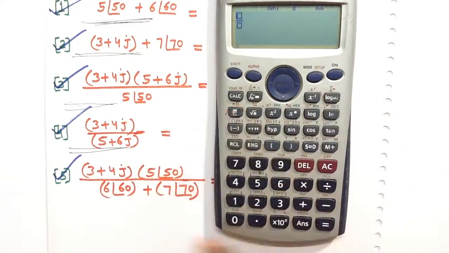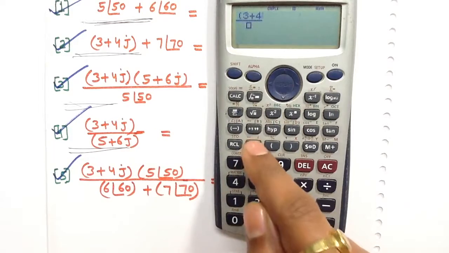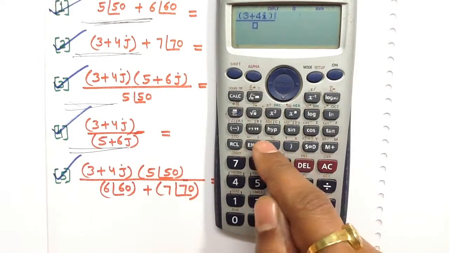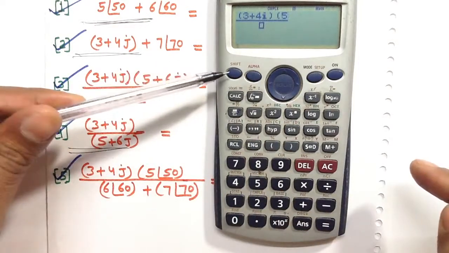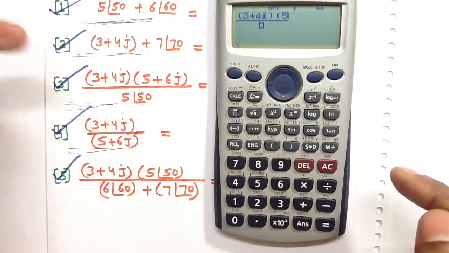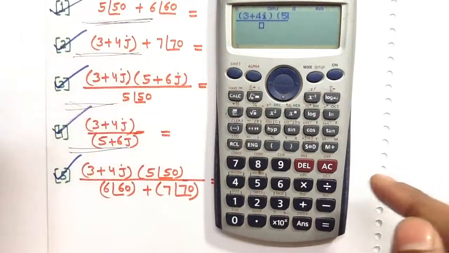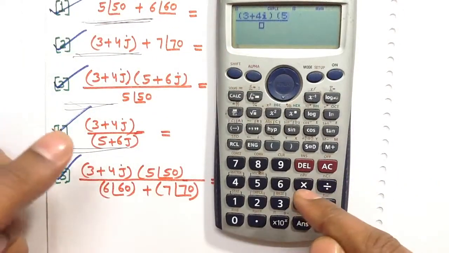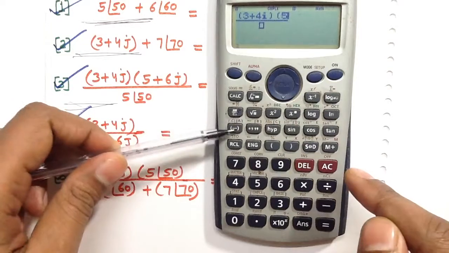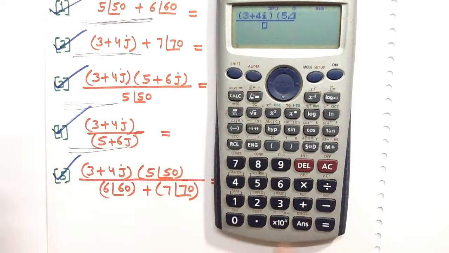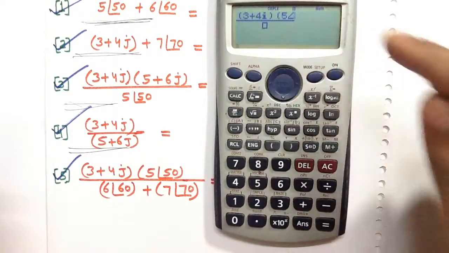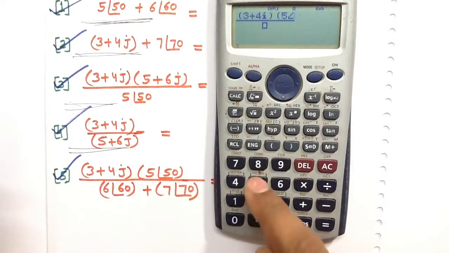Press this button first, and bracket 3 plus 4J, bracket 5. For angle, press Shift, then press this button, so you can see it is angle 50.